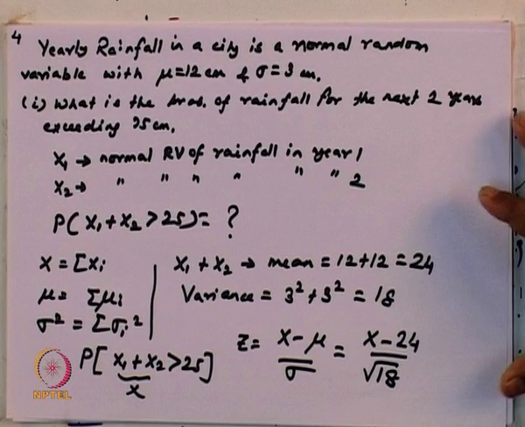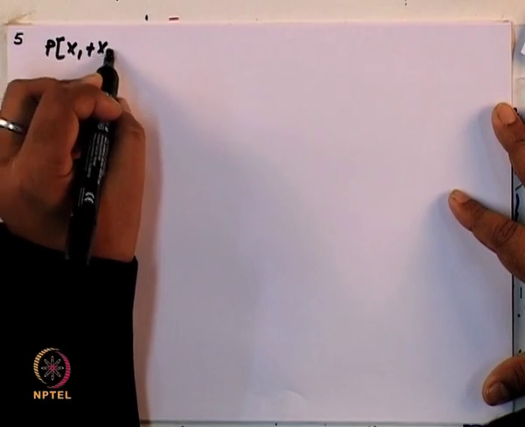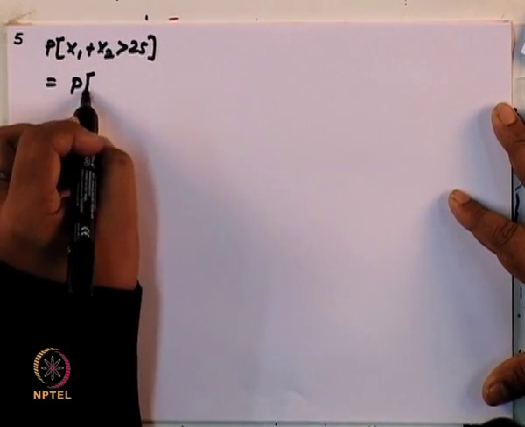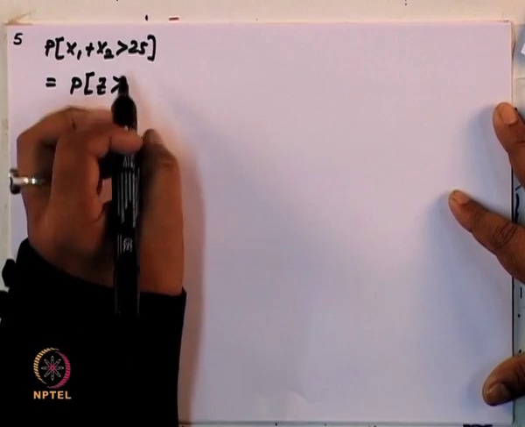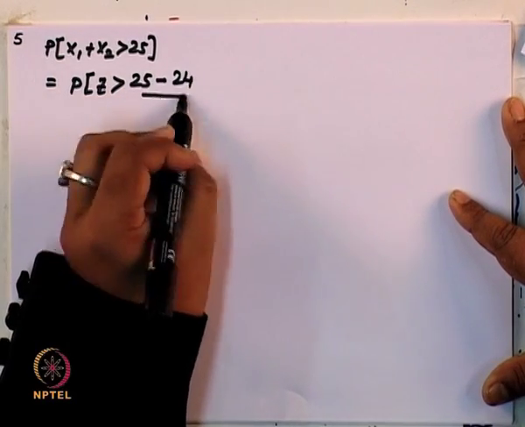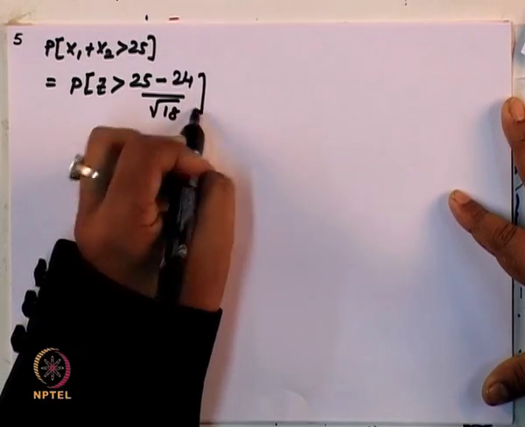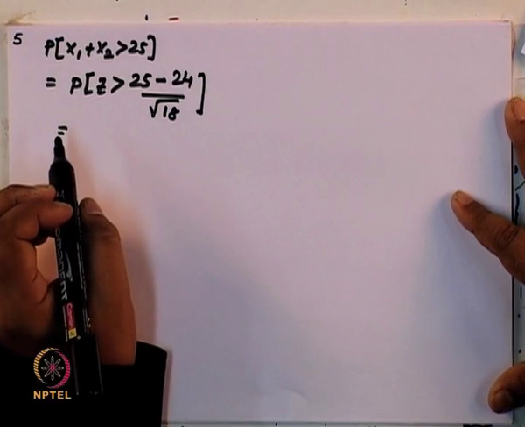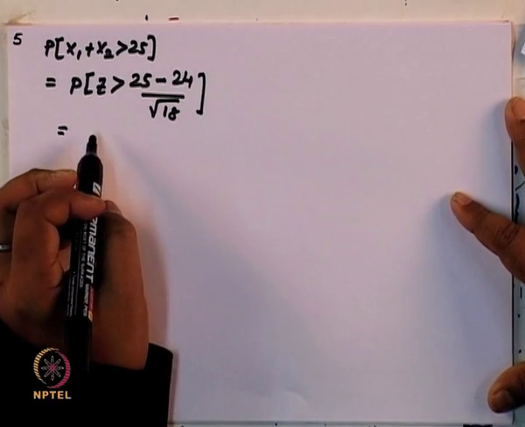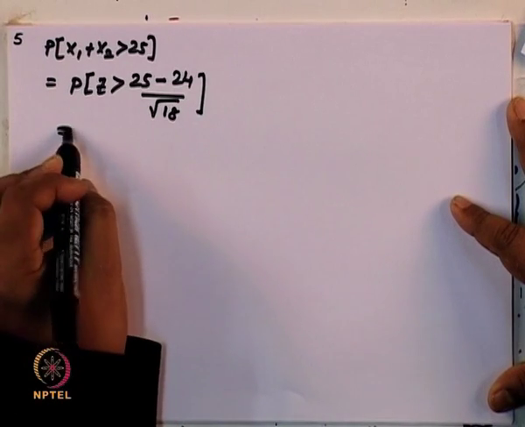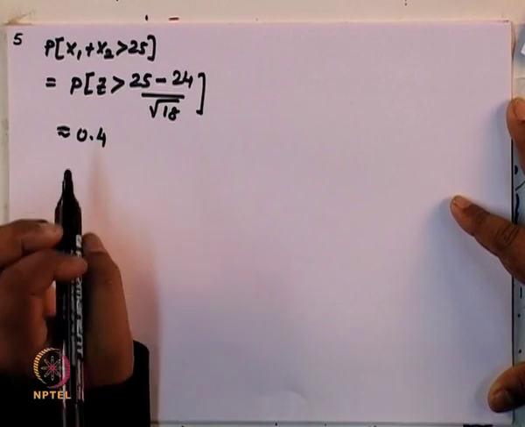So the probability of x1 plus x2 greater than 25 is nothing but the probability of z greater than 25 minus 24 by root of 18. If you look up the normal distribution tables, you will see this probability come out to be roughly 0.4.